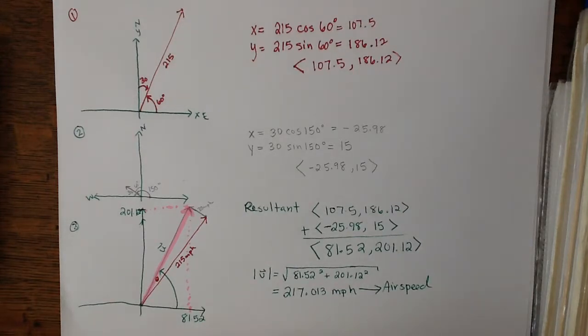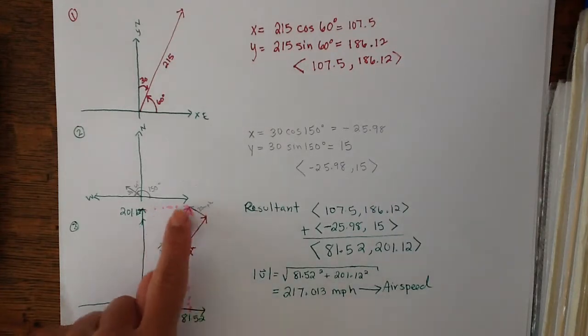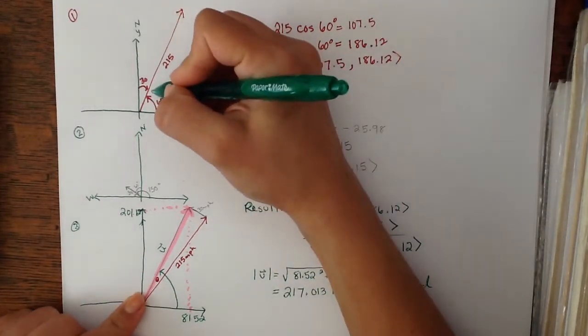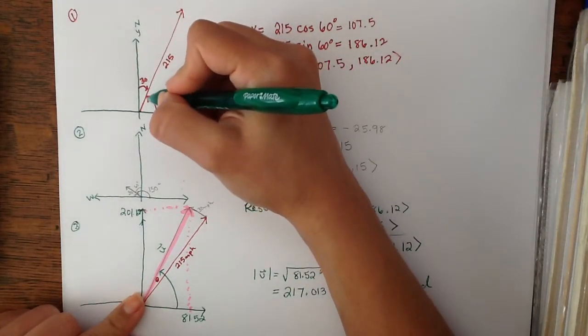There are a couple of ways we can look at this, depending on how you drew your picture. Remember, I started by telling you that this was a right angle. So you could find theta, this little angle in this triangle, and then add that on to the first vector's angle.